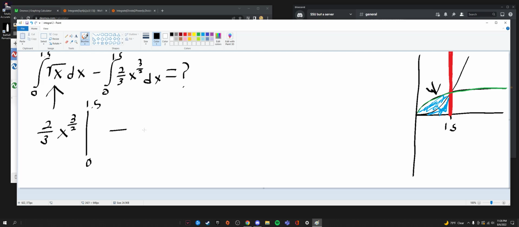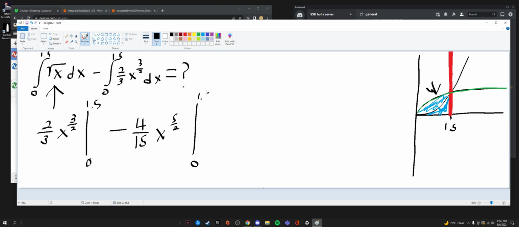Now that comes out to 4 over 15 x to the 5 halves, because 3 over 2 plus 2 over 2 is 5 over 2, and then 5 over 2 times 2/3, you can simplify that. Or, well, you would have to take its reciprocal first because you're dividing, and then you can simplify. But you get what I mean. It'd be 2 times 2, because 5 over 2's reciprocal is 2/5, so 2 times 2 is 4, then 5 times 3 is 15. And we have this integrated integral, I guess.